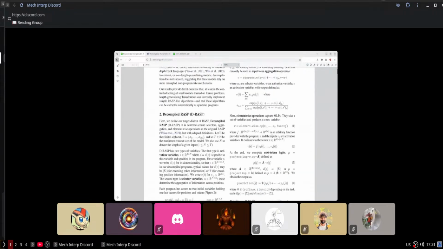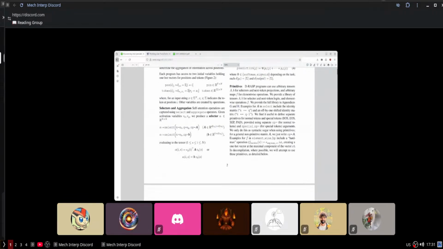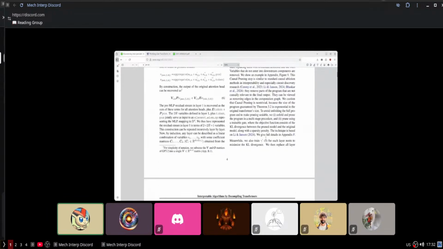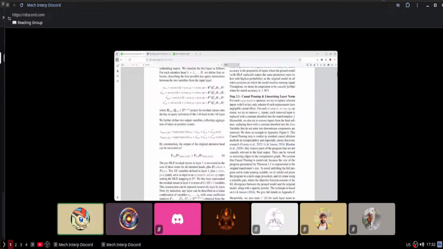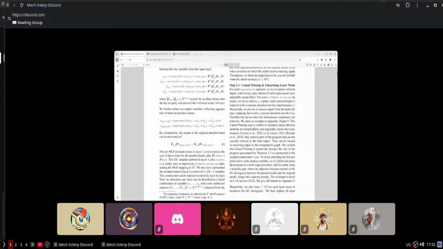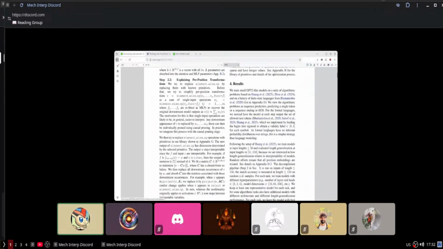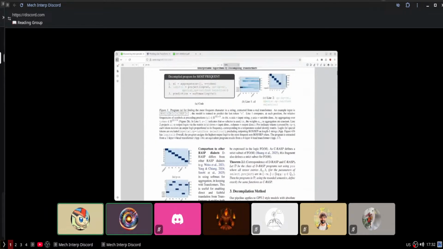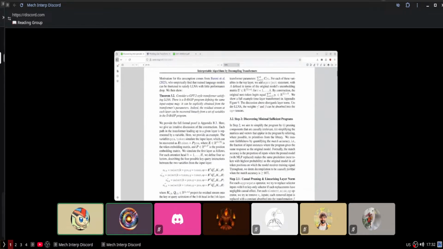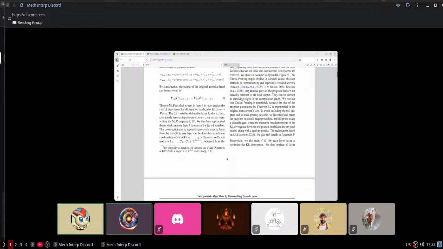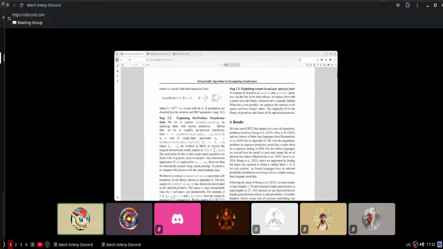Oh wait, what is this? Oh, element-wise operations are the... okay, I can see why it will be exponential. Maybe that's why it's exponential on this list of simpler operators.